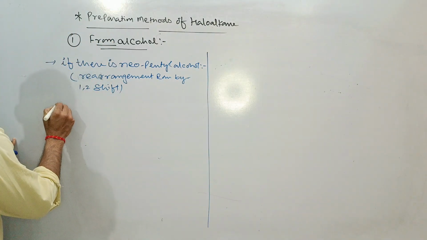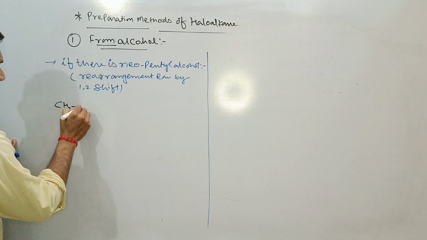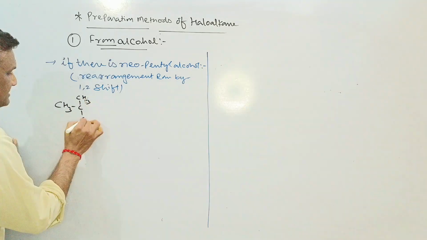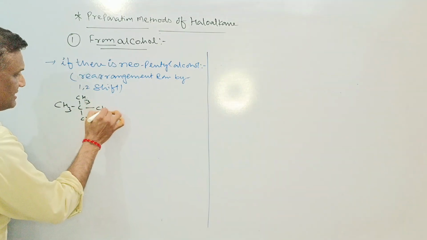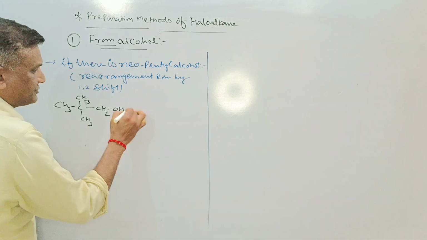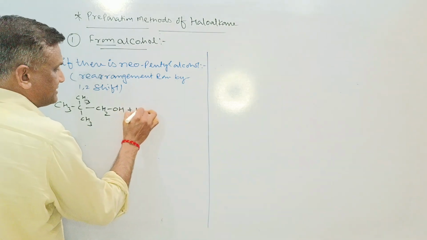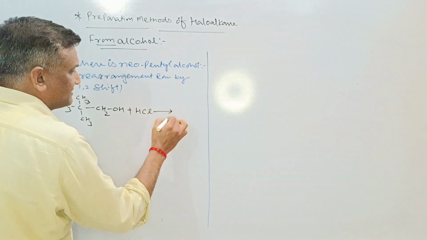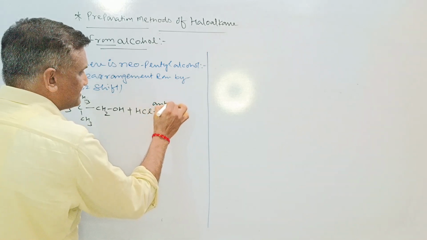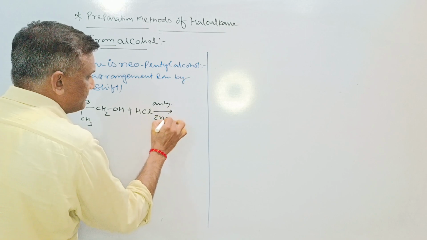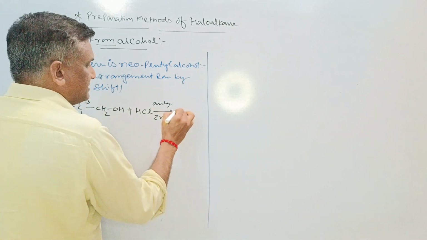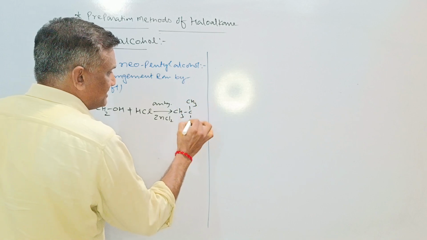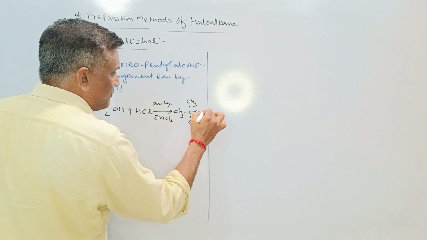So if we go with the reaction, this is CH3, CH3, this is CH3, and this is CH2OH. According to the reaction, this is HCl, this is anhydrous ZnCl2. So the product should be CH3, CH3, CH3, and CH2Cl.